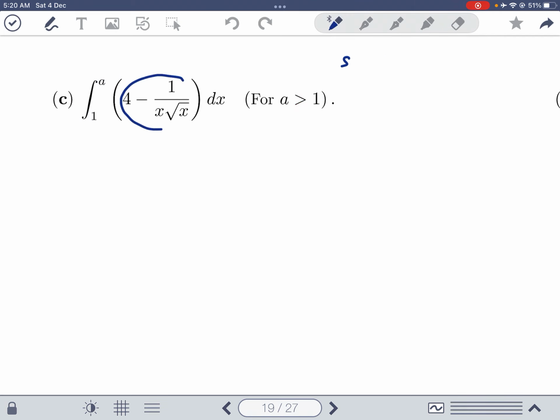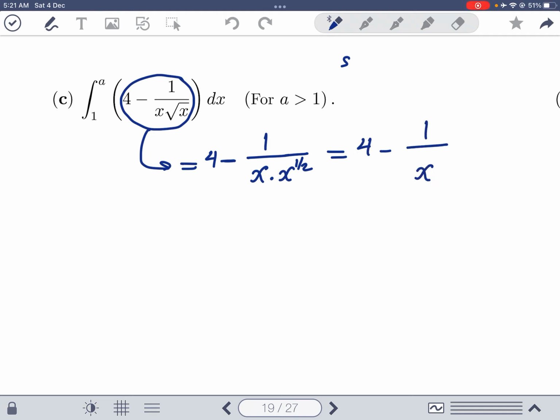Before you evaluate, you look at the inside. Notice that this is the same as 4 minus 1 over, now x times radical x is x times x to the half. This will be 4 minus 1 over x to the, this is like power 1 and power half. When you multiply them, you add 1 plus half, which is 3 over 2.